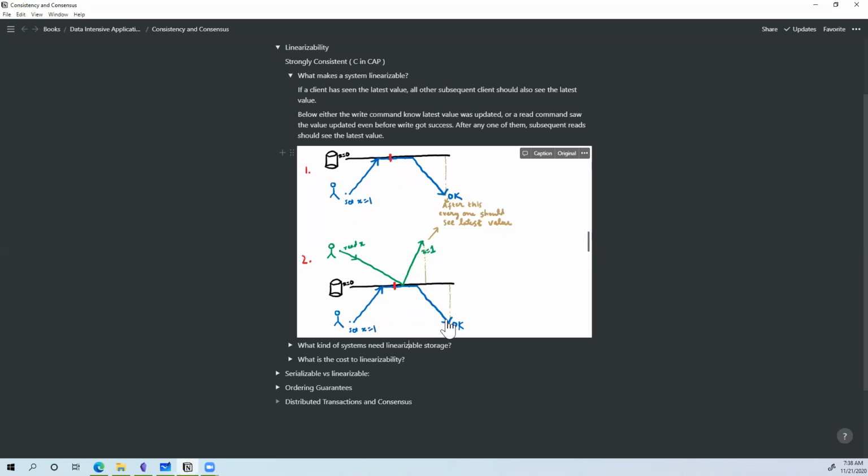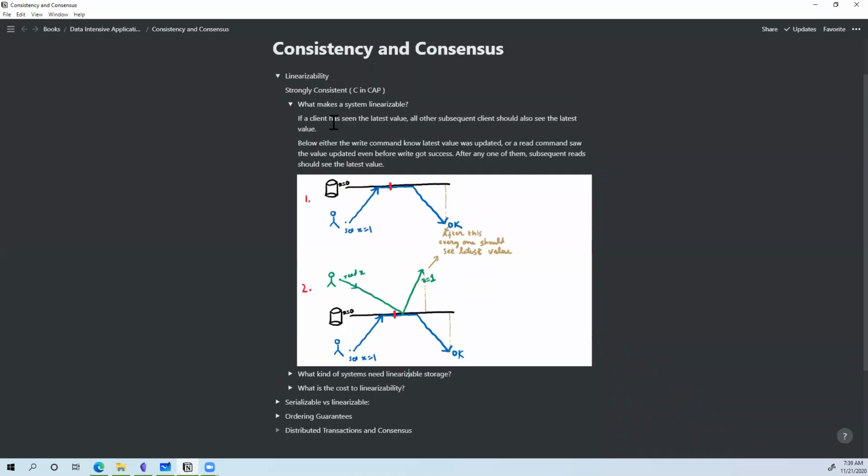Now, even though I have still not got the okay response, after this point everyone should see the latest value. So when anyone knows about this latest value, everyone following it should know the latest value. This is what we discussed last week: how would we know that a system is linearizable.